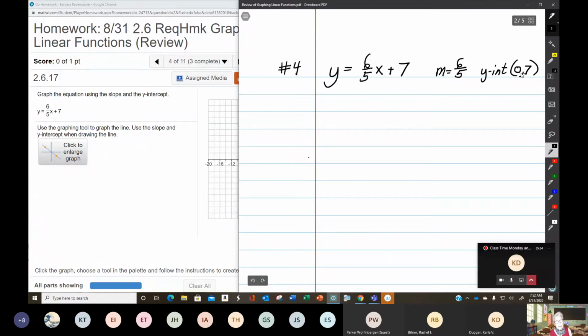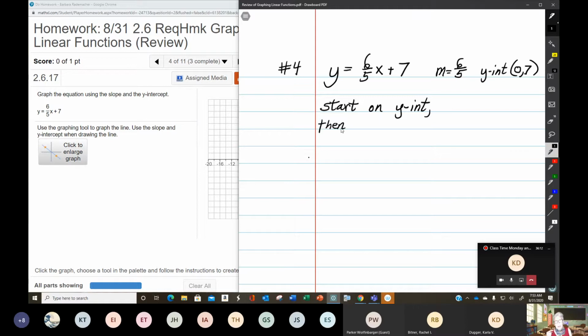And here's the strategy of using the slope-intercept method. You start on the y-intercept. Okay, start on the y-intercept. Then use the slope as a roadmap to your next point.